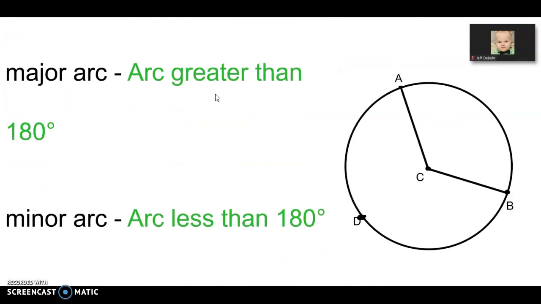Next, there are two different types of arcs: major arcs and minor arcs. A major arc refers to an arc that goes more than 180 degrees, more than halfway around the circle. In this case, our major arc, we would label in this way.